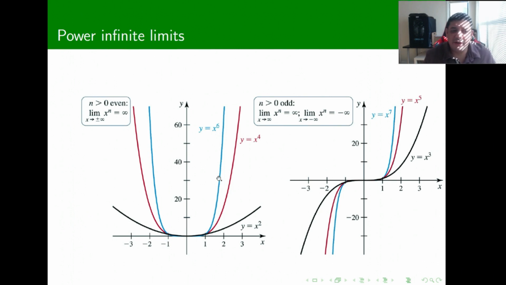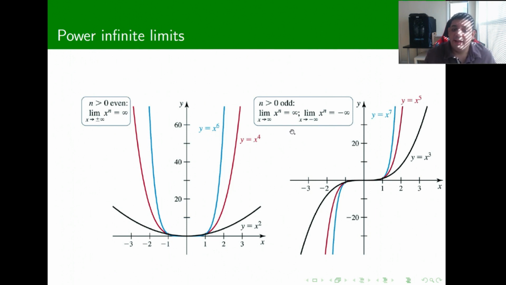Now, in general, the powers have behaviors that we can classify. If n is an even power, so x to the 2, x to the 4, x to the 6, they have this kind of behavior. And so you can see clearly the behavior at infinity. So in a power that is even, the limit when it goes to positive or negative infinity is just going to produce an infinity.